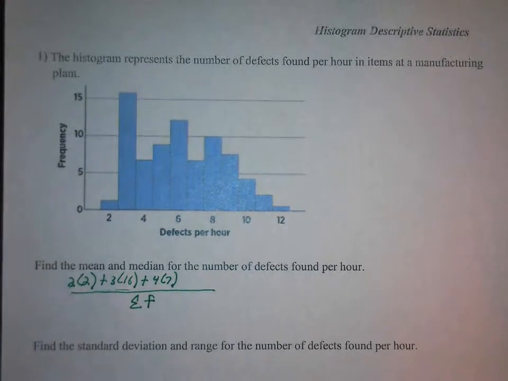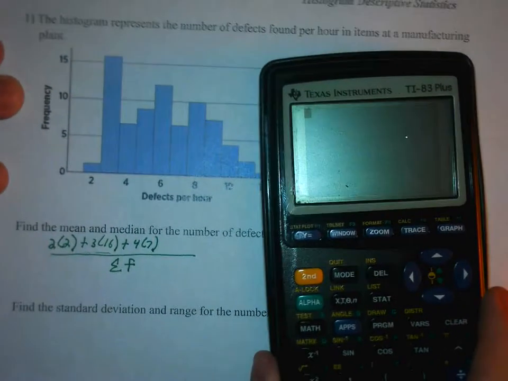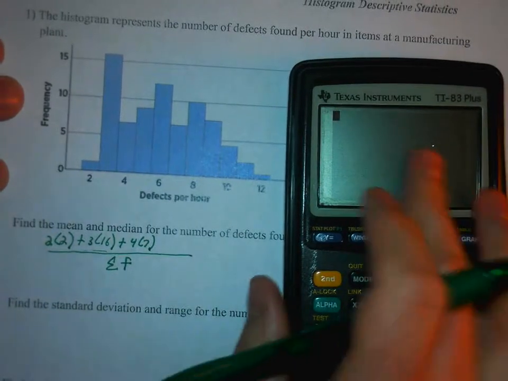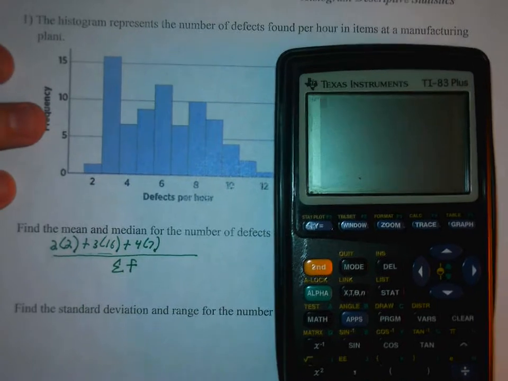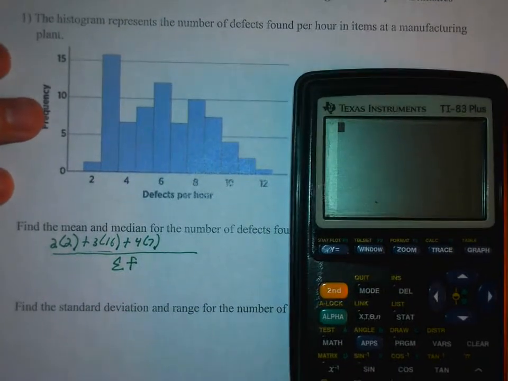Okay, if you want to find the mean with technology, we use our calculator. What you would do, and you're going to notice that when I go to the correct menu here, I'm going to have values in my list already because I already put these in for the sake of time.